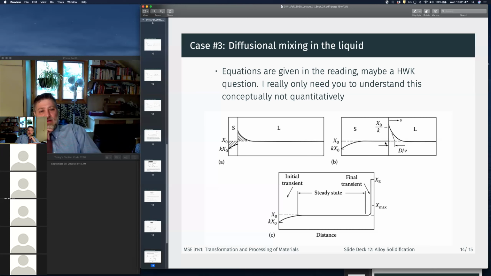So what is the composition in A right now? Well, X naught over K is somewhere up here, so it's less.